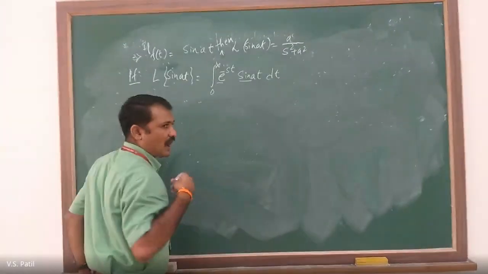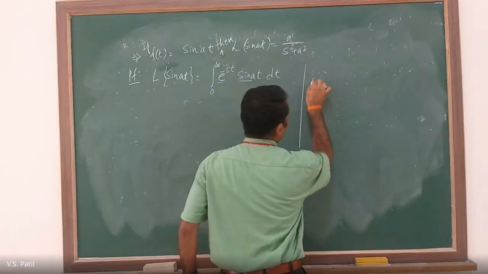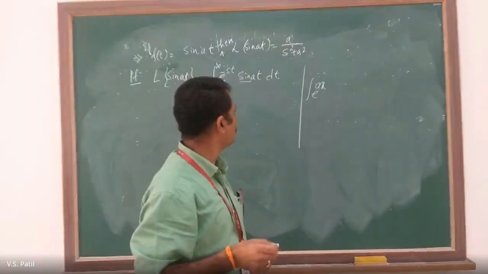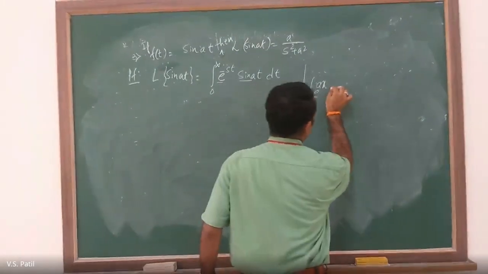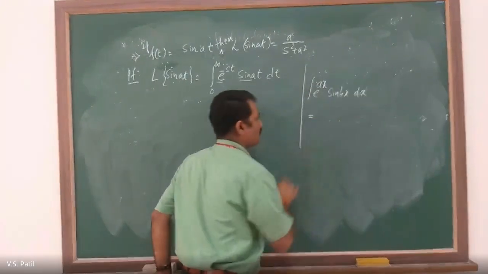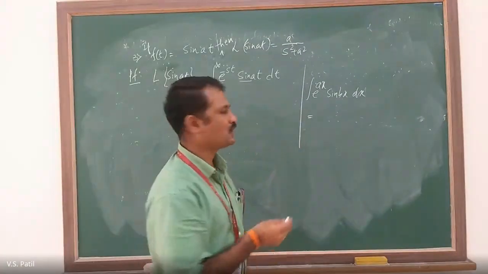To simplify this, I want to recall one of the results from your PUC second year. Yesterday I told you, but I think you don't remember. The integral of e to the power a x into sin b x dx, in your PUC second year, you obtained by substituting and simplifying one standard result.